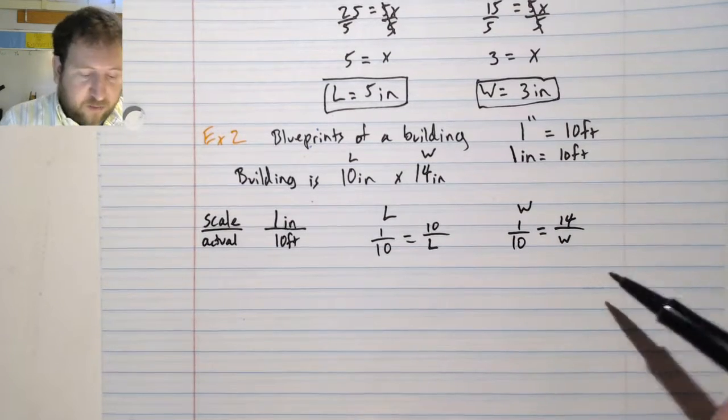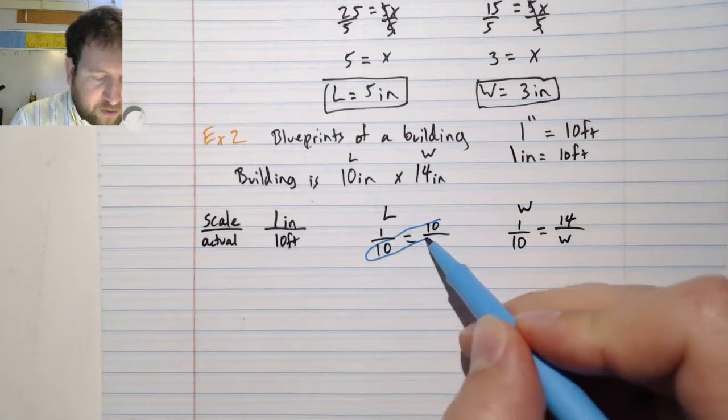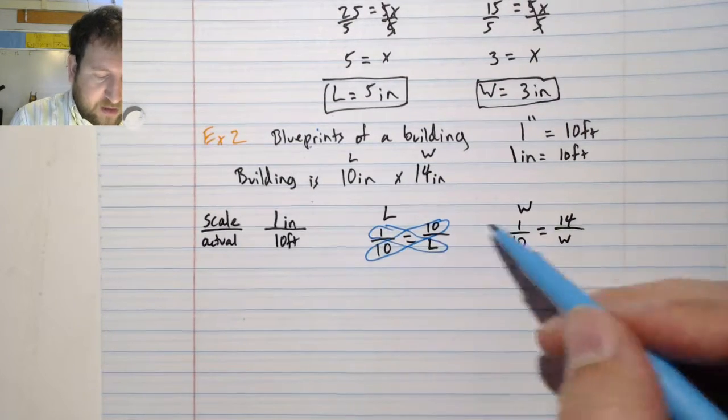Now I can cross multiply, just like I did before. I'm not going to circle these forever, but for now, at least today, I will.